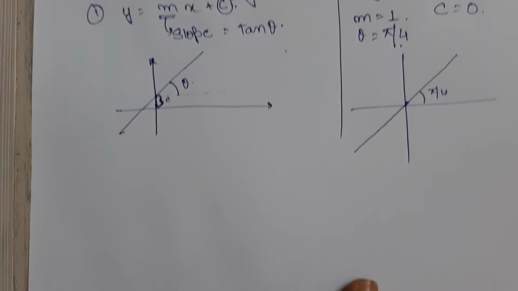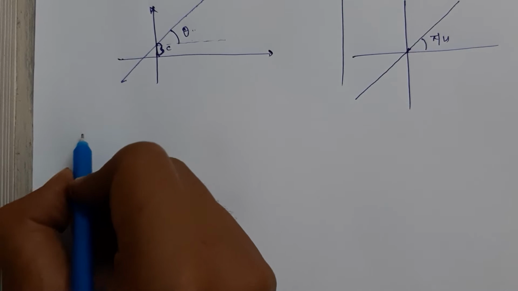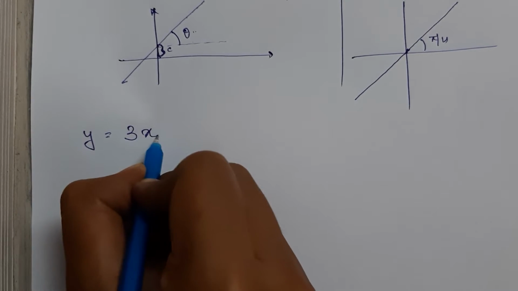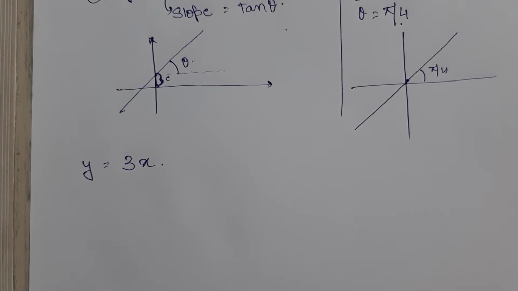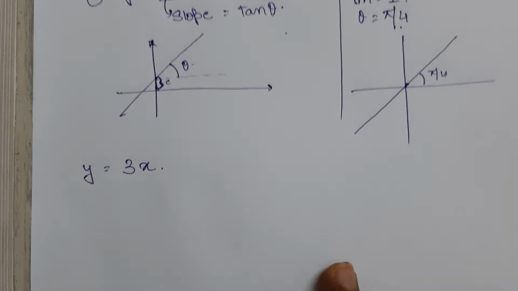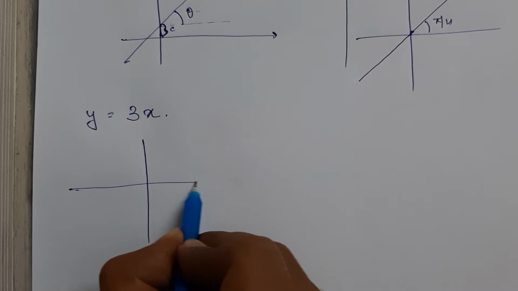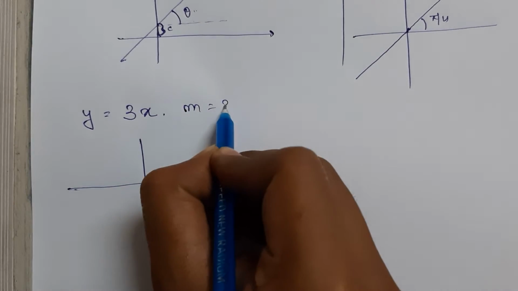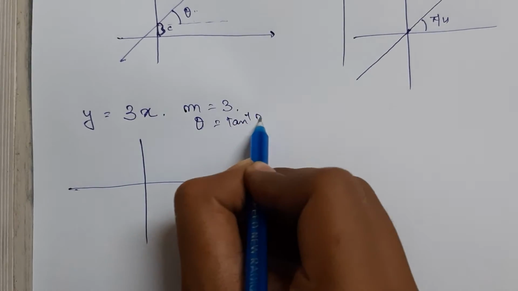Now let us see the second graph, which is y is equal to 3x. How will the graph change from this? Here m is changed to 3, so theta will be tan inverse 3.